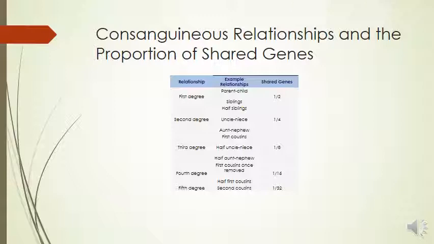This slide shows the consanguineous relationships and the proportion of shared genes. If we look at first-degree relatives, parent to child, siblings, half-siblings, it's a half. If we look at second degree, it is 1/4. Third degree, 1/8. Fourth degree, 1/16, and fifth degree, 1/32.